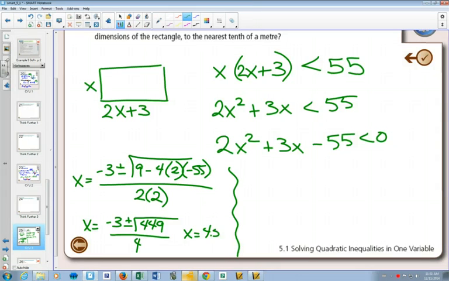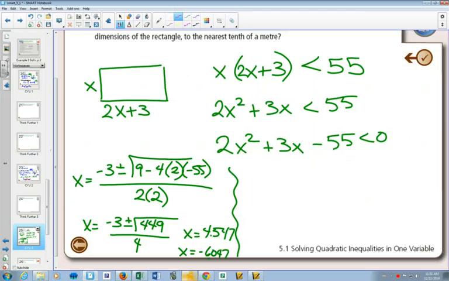So when I use the plus sign, I get 4.54, 55. I'll go one more decimal place so that the rounding's correct. And when I do the minus sign, I get negative 6.047.